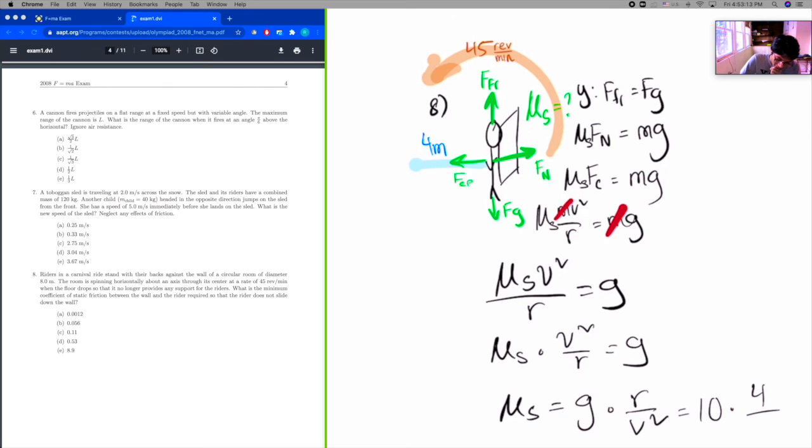Let's say our velocity is 45, but we actually converted that. So 45 revolutions per minute should be less when you convert it to seconds. So every second there will be 45 over 60, which is 3/4. But that doesn't help us.